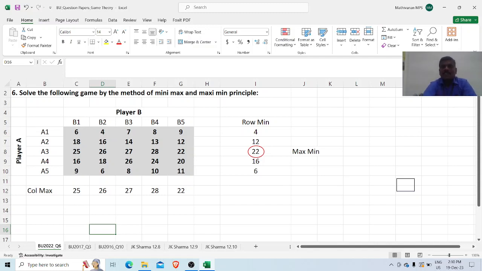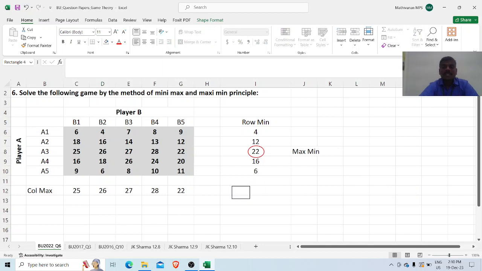So here we are identifying the column maximum. Among the maximum values, identify the minimum value: 28, 27, 26, 25, 22. So 22 is the minimum value.